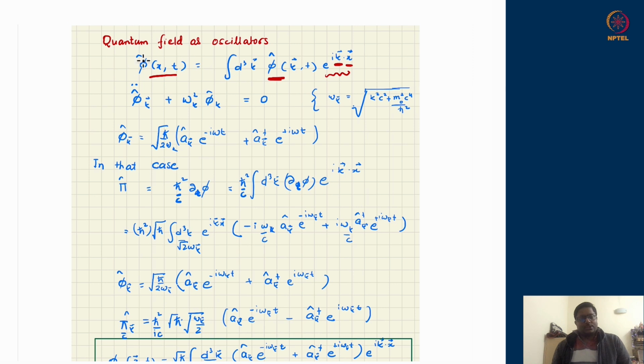Okay, so just to recapitulate the points we had learned, if I use this definition, ultimately I'm going to get oscillator kind of equations of motion for these variables phi k. For the variable phi, we did not get an oscillator equation, remember. It used to satisfy the Klein-Gordon equation. But the Klein-Gordon equation is replaced by a harmonic oscillator equation if I go to the Fourier mode.